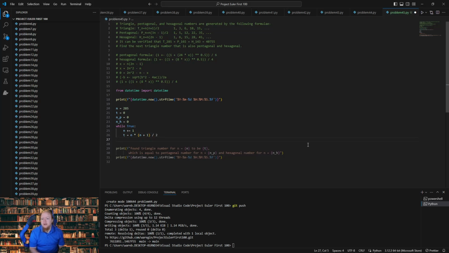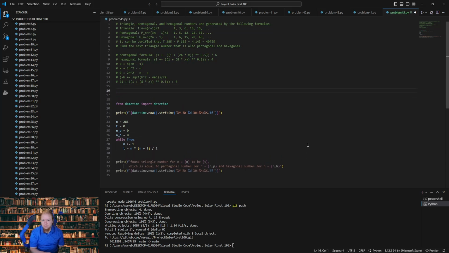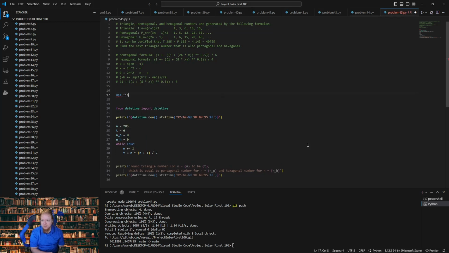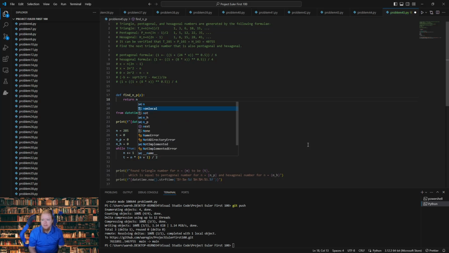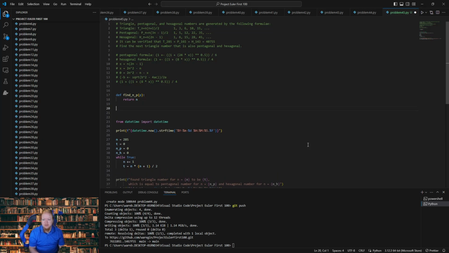And then let's go ahead and create a def find n of p, which takes in a p, the potential pentagonal number, and then return x, I guess. Obviously that isn't going to work.